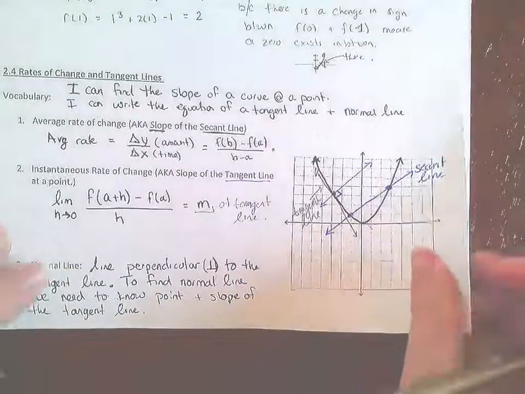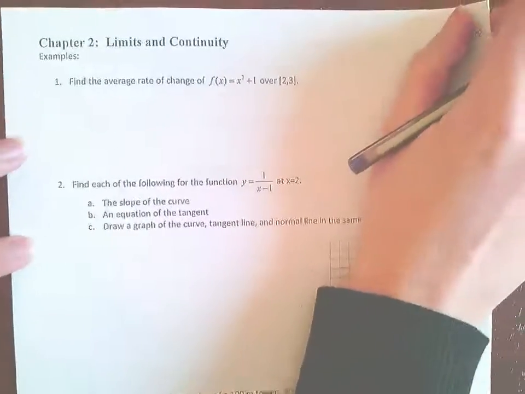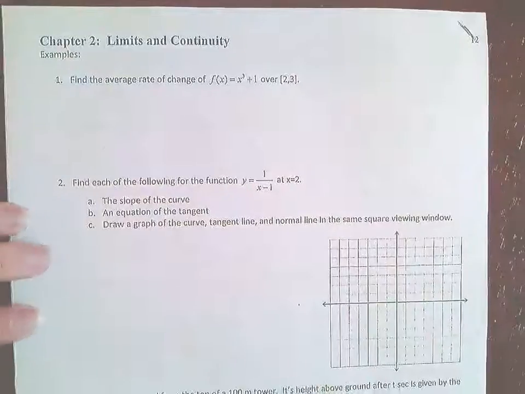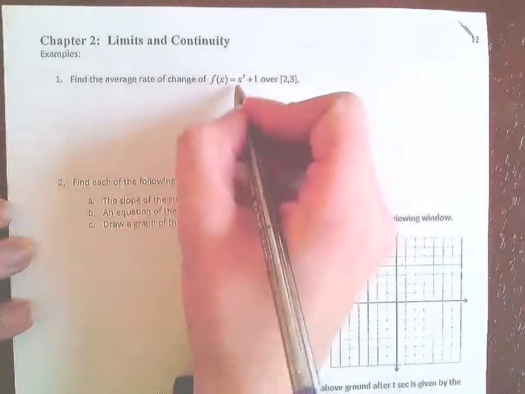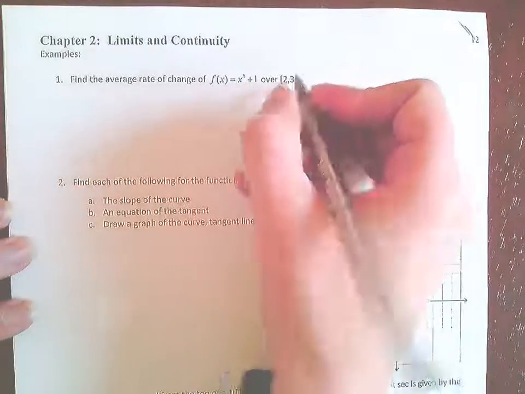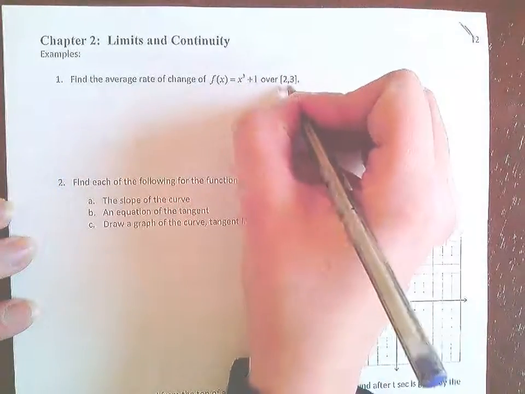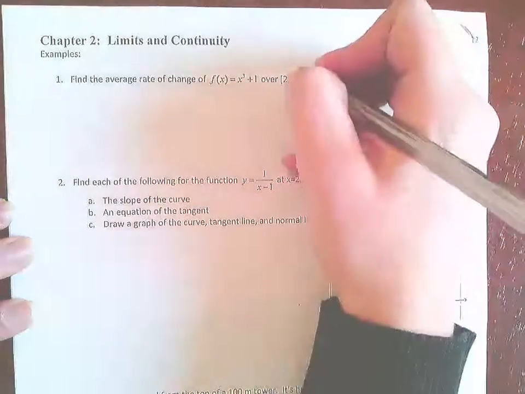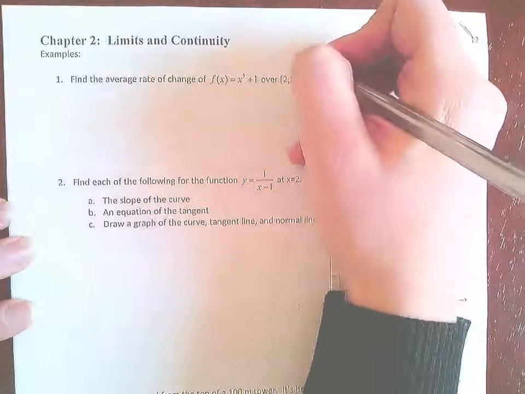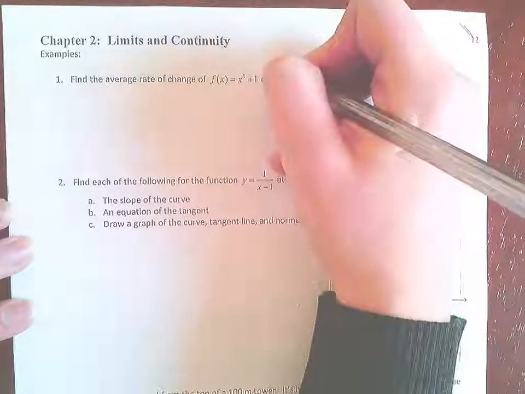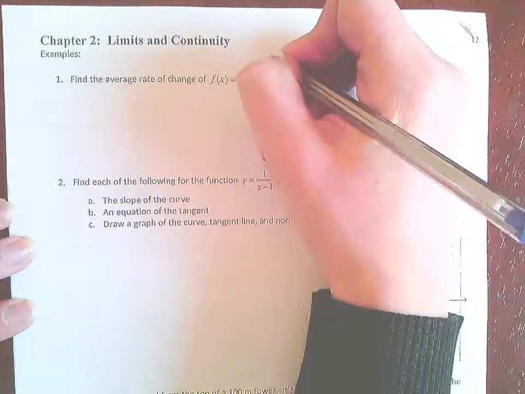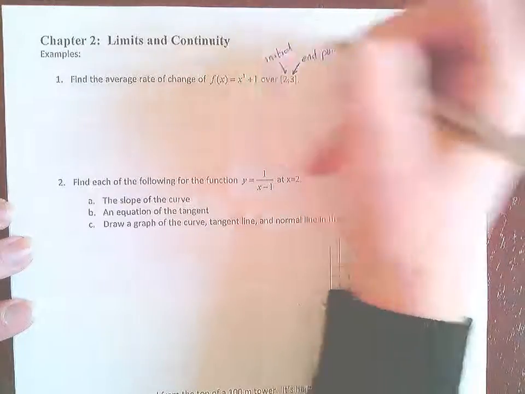Okay? So now let's actually start doing some examples. So the first example says, find the average rate of change of this equation, x cubed plus 1, from 2 to 3. So basically what this means is this is the end point and this is the initial point.